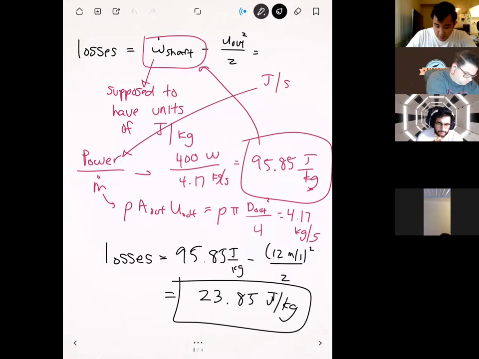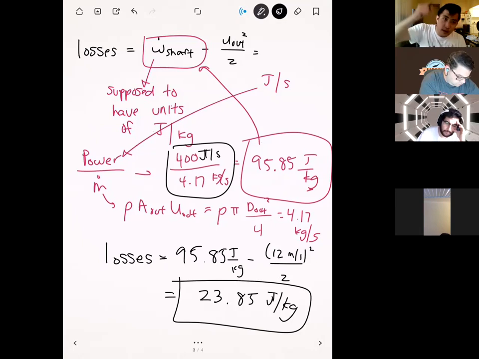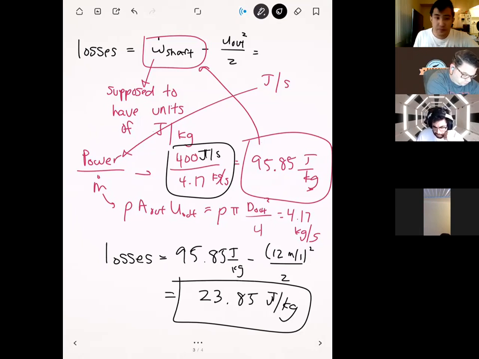So it looks like this basically: this expression right here is actually 400 joules per second, because that's what watts is. So we do 400 joules per second divided by kilograms per second. The seconds cancel out and we get joules per kilogram. You got it? I think so.